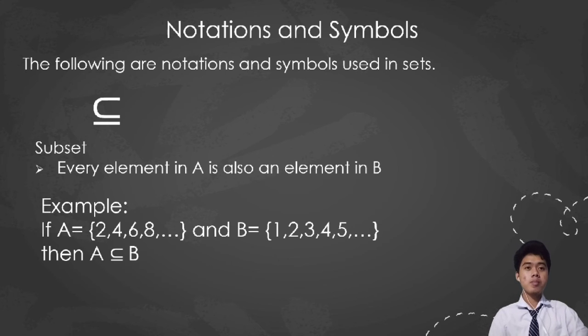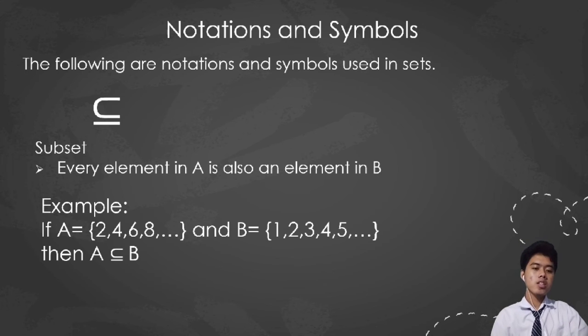Next one is subset. Yung symbol naman niya is parang U or letter C na may line sa baba. So, subset is every element in set A is also an element in set B. Kung ano yung meron sa set A natin is makikita natin sa set B. So, example natin is if set A is 2, 4, 6, 8, and so on, or in other words, it is even or positive even numbers.